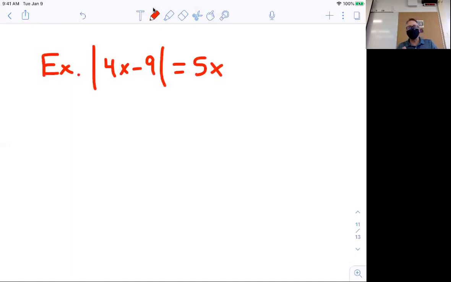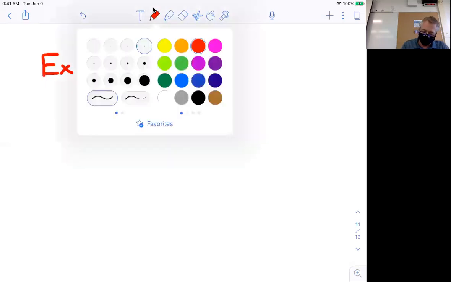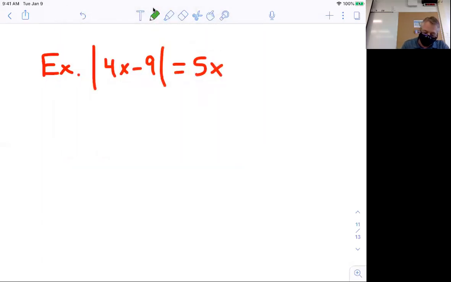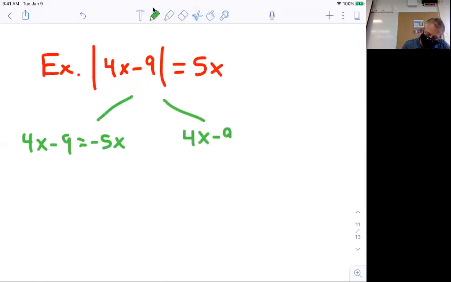All right, well, the absolute value in this case is already by itself. So I'm just going to immediately write my two equations. So this stuff could be 5x or it could be -5x. So those are my two equations. That 4x minus 9 could be -5x, or 4x minus 9 equals positive 5x.